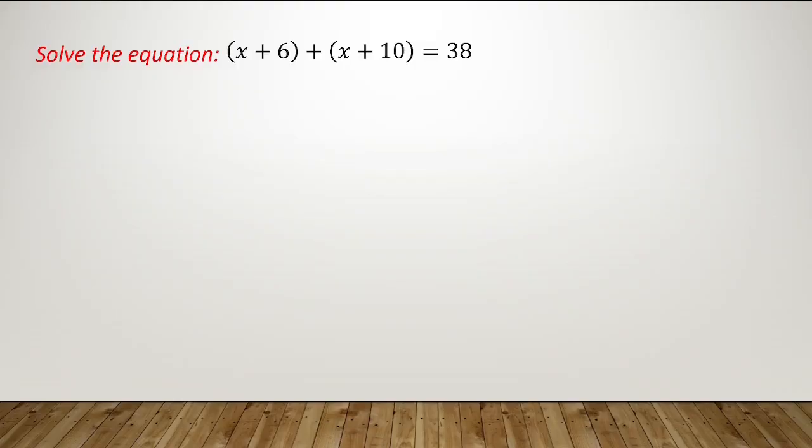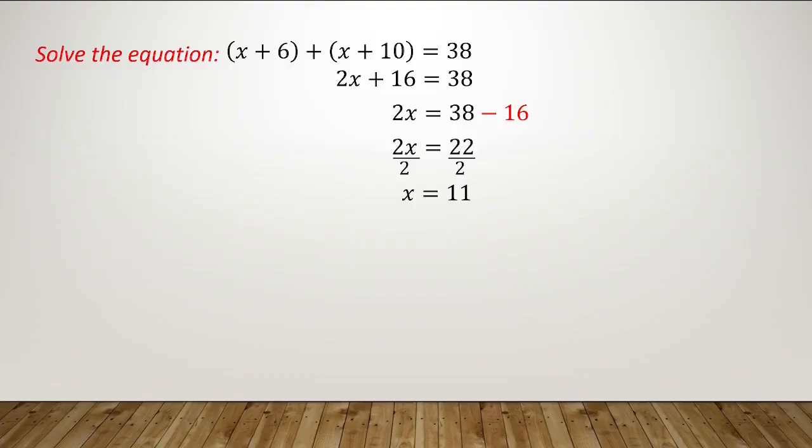So we are going to simplify or combine similar terms first, and then transpose 16 to the right-hand side as negative 16. Then divide both sides by 2. So therefore, x is equivalent to 11.